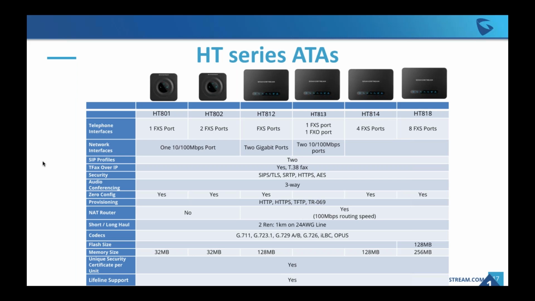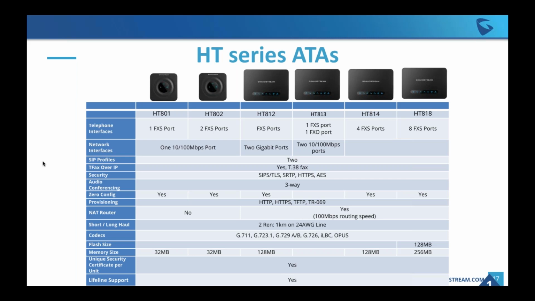It actually has 1 FXS port and 1 FXO port. So if you're looking for a hybrid model, the HT813 is what you want. The rest of the devices here are all going to focus mainly on the FXS port. So HT801, 1 FXS port, all the way up to the HT818, which is going to give you 8 FXS ports, not FXO ports.